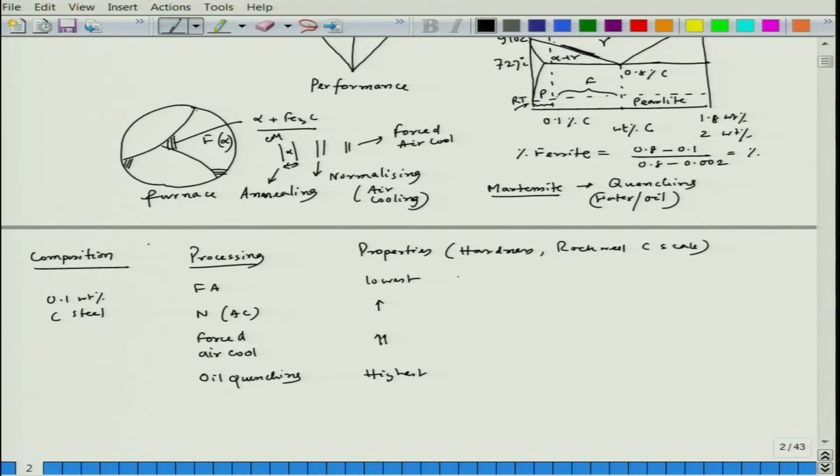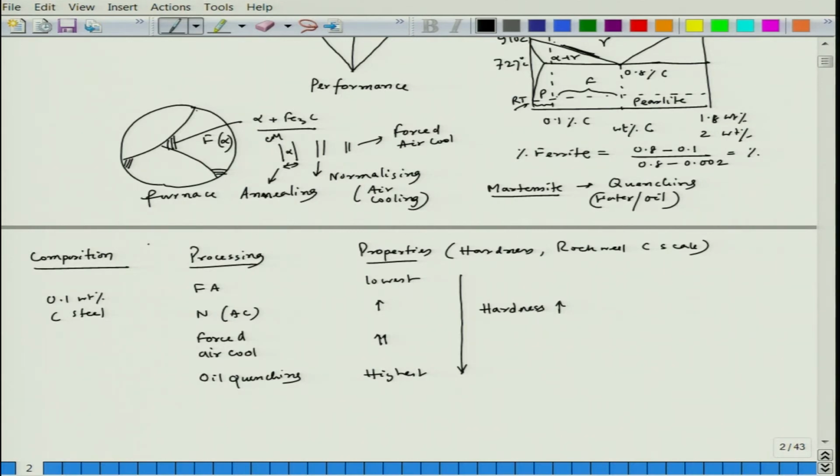So, as you go down, hardness increases. We can also check the hardness if we have a hardness tester, but the value is not important. The main aspect here is, as we change the processing condition, the property is also changing.